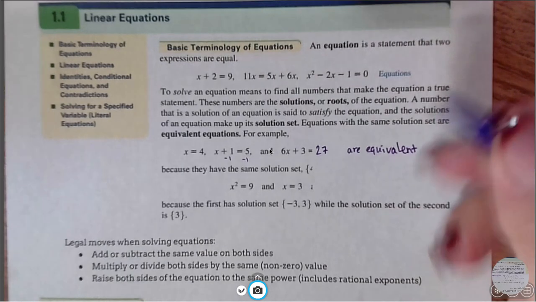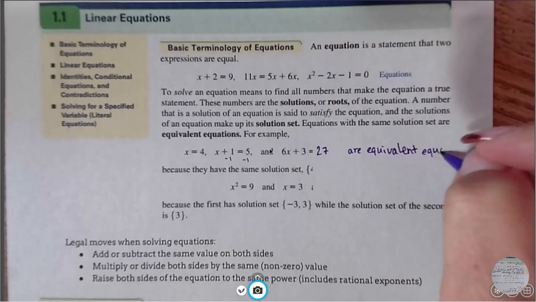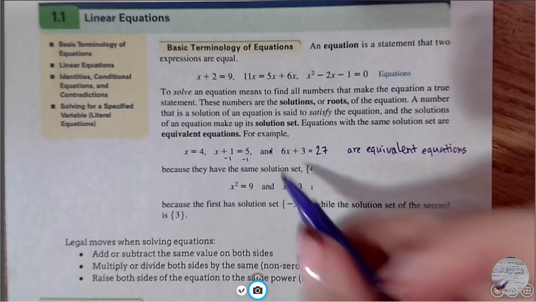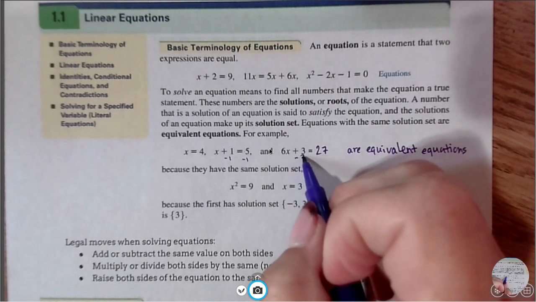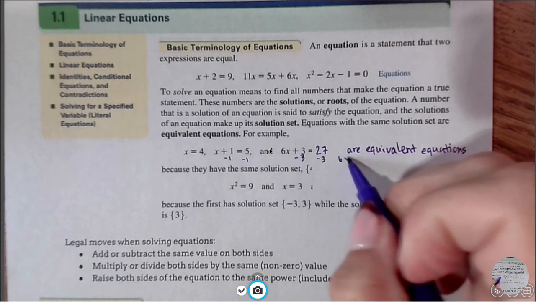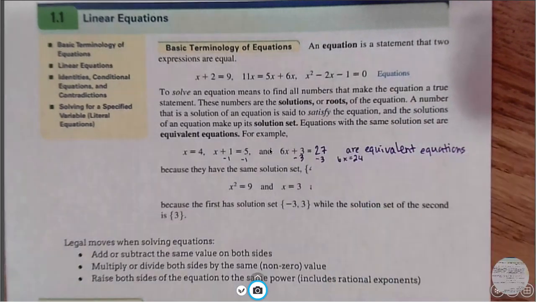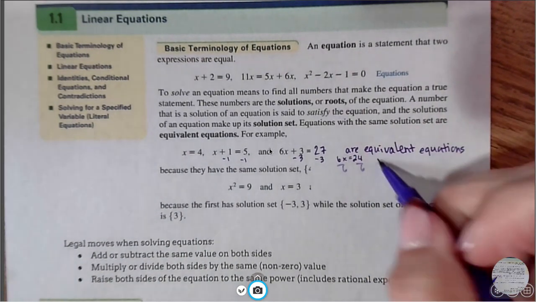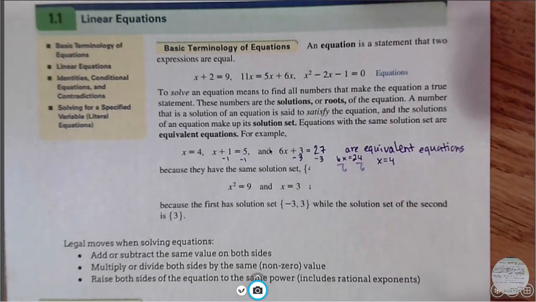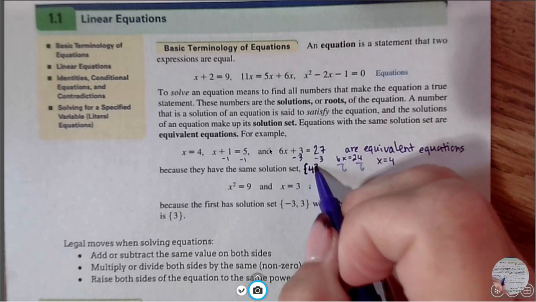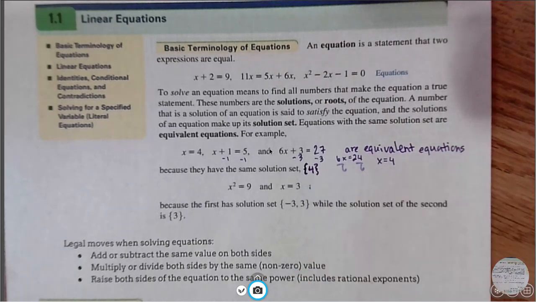Something happened to my copy and parts of it got cut off, so yours will be better than this. This is an equivalent equation because if I subtract 3 from both sides, I get 6x equals 24, and then divide both sides by 6. I also get x equals 4. So all 3 of those are equivalent equations. They have the same solution set, which is the set containing 4.